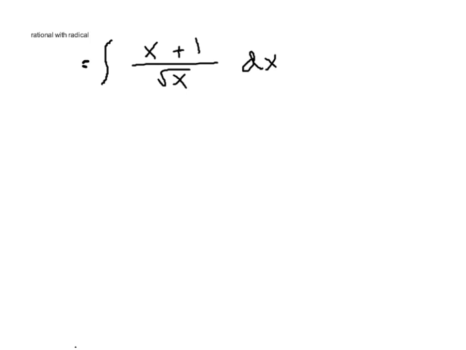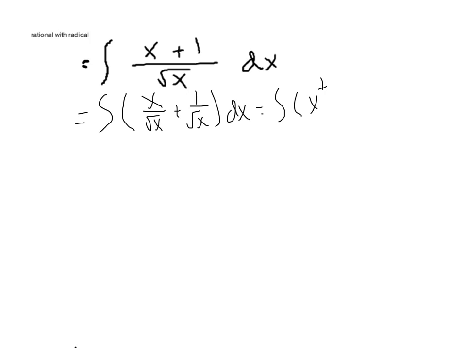So in order to do that, the first thing I'm going to do is separate these two things, and think about this as the integral of x over the square root of x plus 1 over the square root of x dx. And then I'm going to rewrite that as the integral of x to the 1/2 plus x to the negative 1/2.